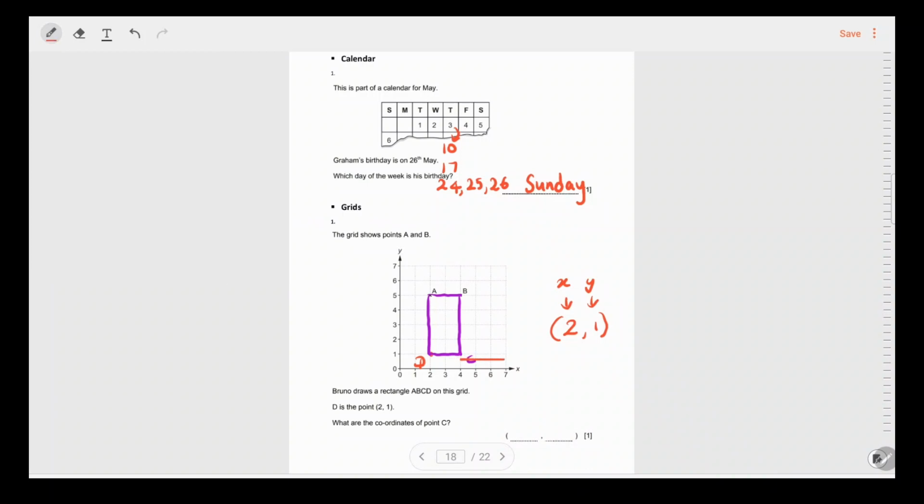But of course, even without drawing the rectangle, you are able to say that point C will be over here. And the question is asking for the coordinates. So again, x first, y second. The x-axis number is 4 and the y-axis number is 1. So the answer here is 4, 1.